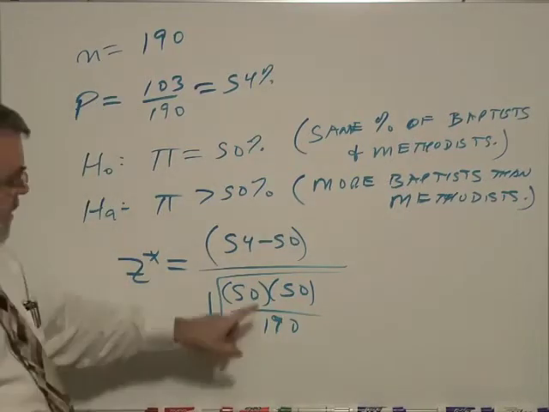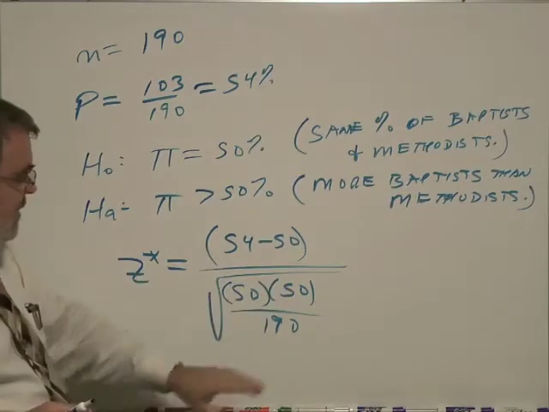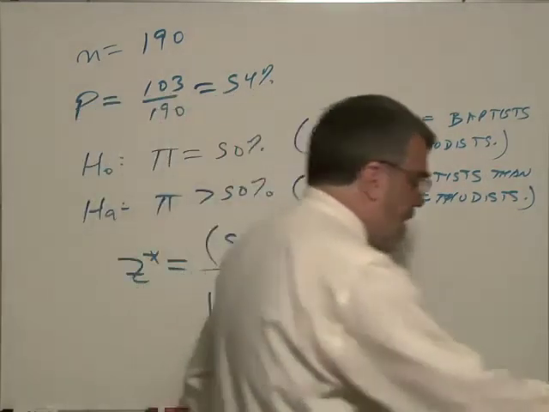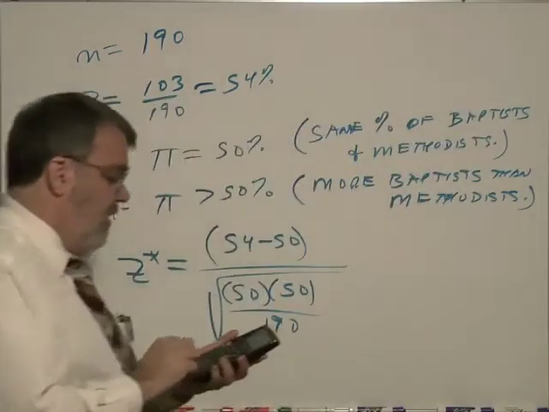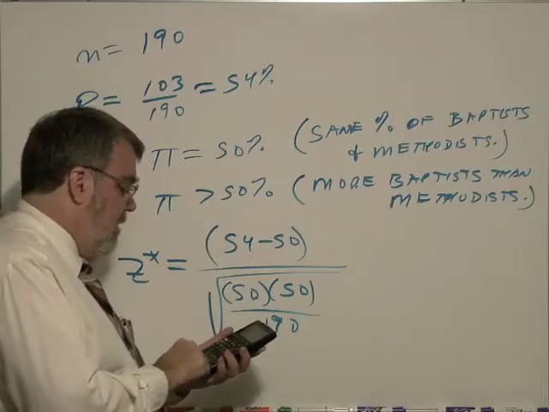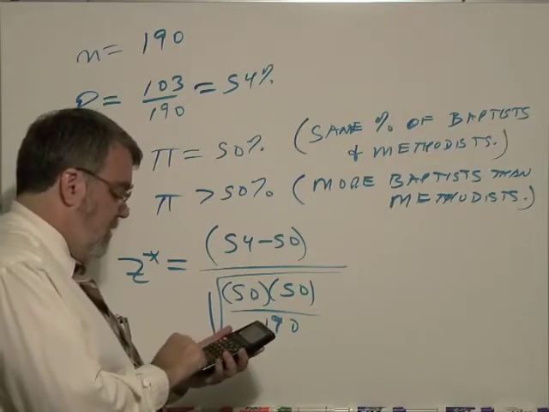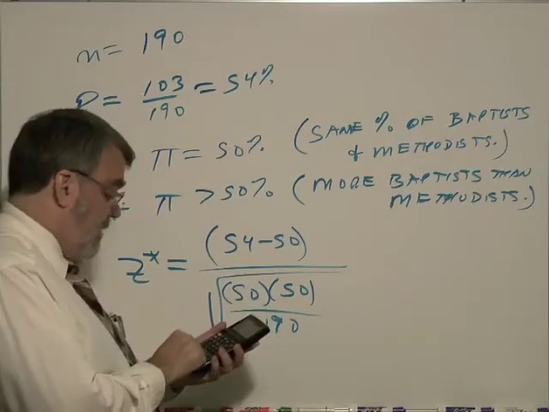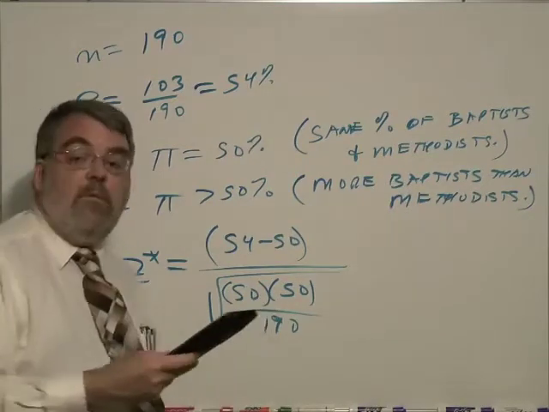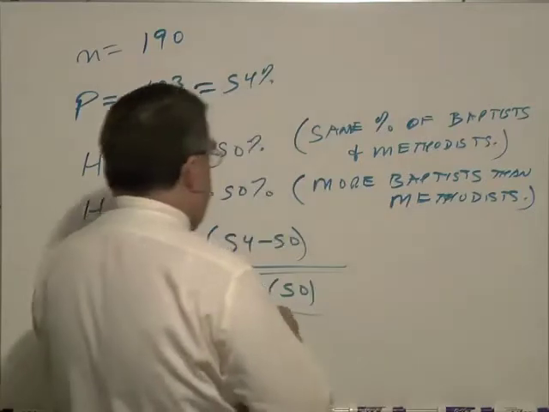So plug the numbers in. Here's pi, 100 minus pi, sample size 190. And we'll calculate that. And then we got 4 divided by that. I get 1.10 is my z-score.